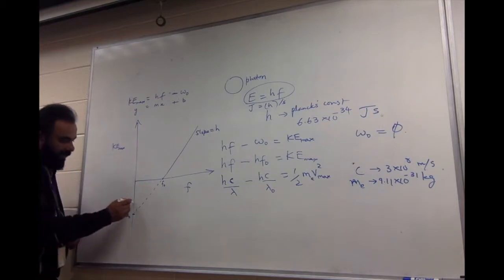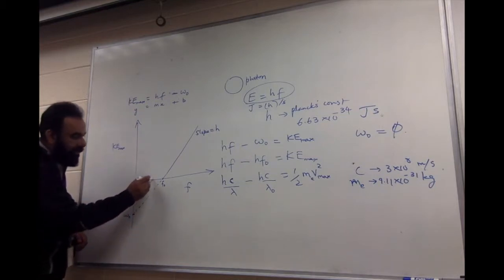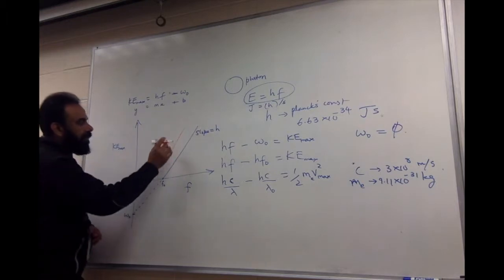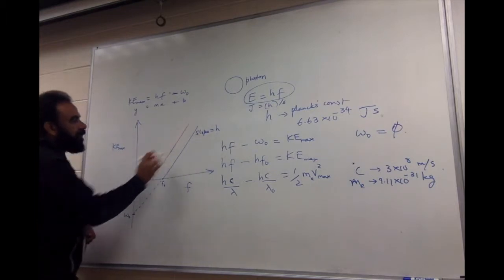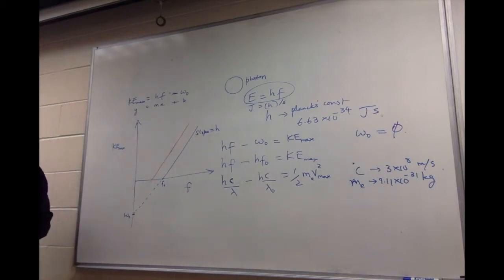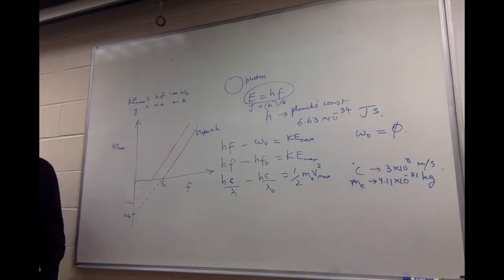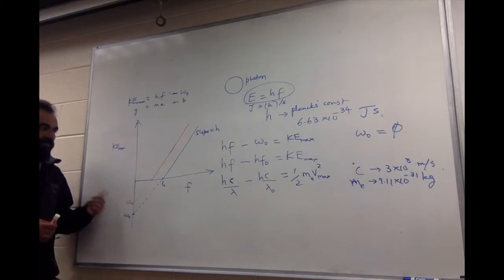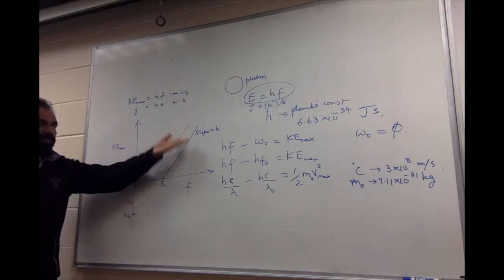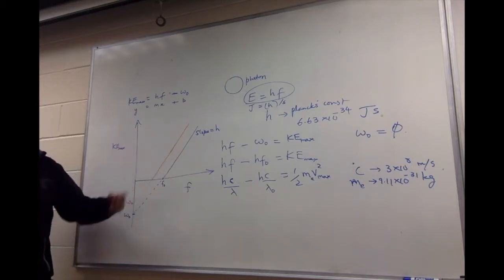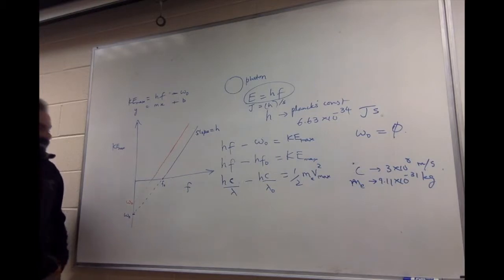So you can expect a graph like that. The slope should be the same because the slope is a constant, 6.63 times 10 to the power minus 34. So work function can be affected by the type of material.